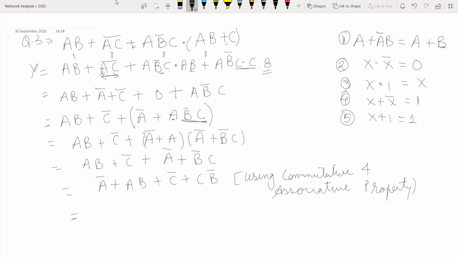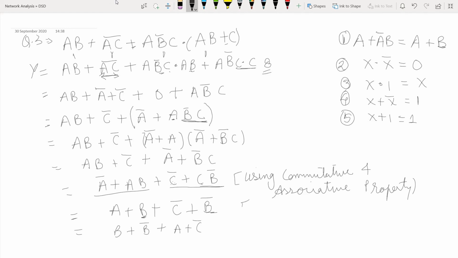So what this will come out to be, in both places what will we apply? Distributive. So A plus A bar B, here I have written A plus A bar B, it is A plus B, it is the same as this. So this will be A plus AB plus, similarly when we apply here, what will happen? C plus C bar will be 1, and this will be C bar plus B bar. This is C bar plus B bar. Now again rearranging, I will write this B plus B bar at one place plus A plus C bar.